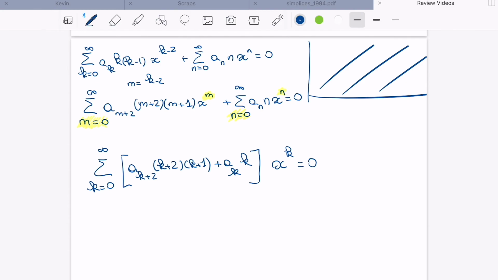And now that we have an infinite power series being equal to 0, it means that every single coefficient of our power series is equal to 0. So we have that a_(k+2) (k+2)(k+1) plus a_k k is equal to 0 for k going from 0 to infinity. This is a recurrence relation.